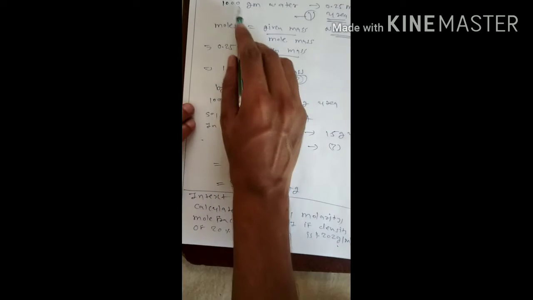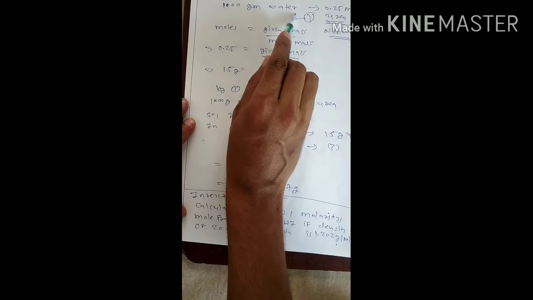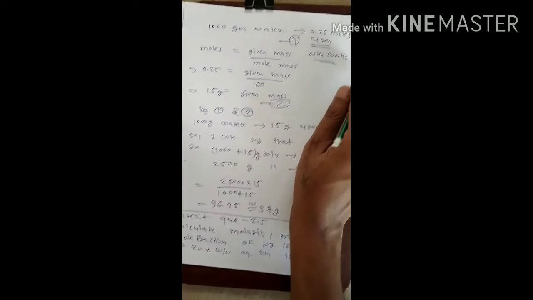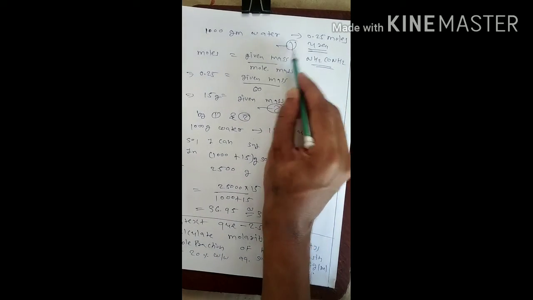So here I have written again the same term, 1000 gram water that contains 0.25 moles of urea. Equation number 1 is done.